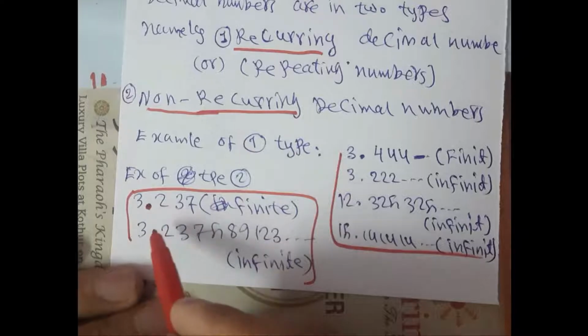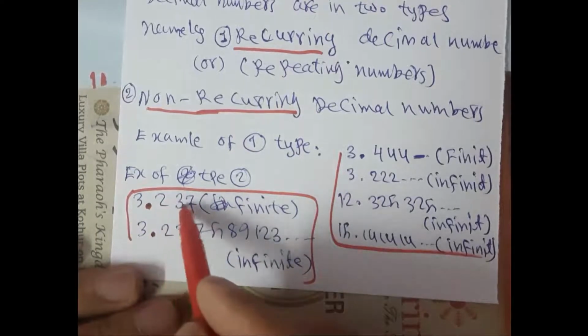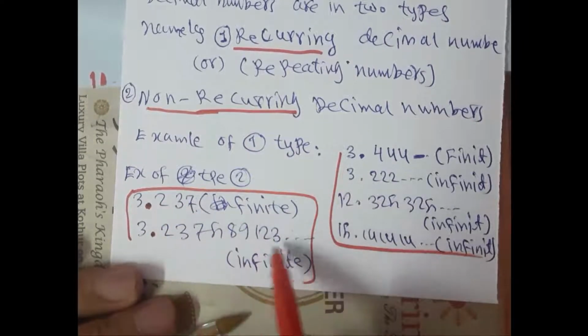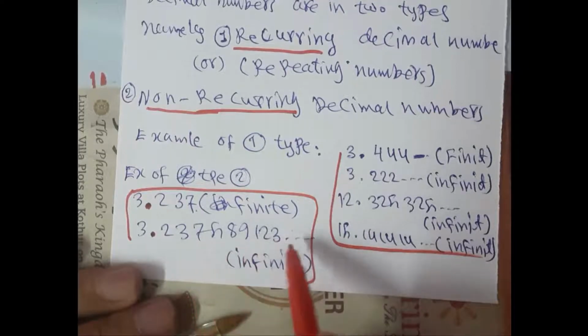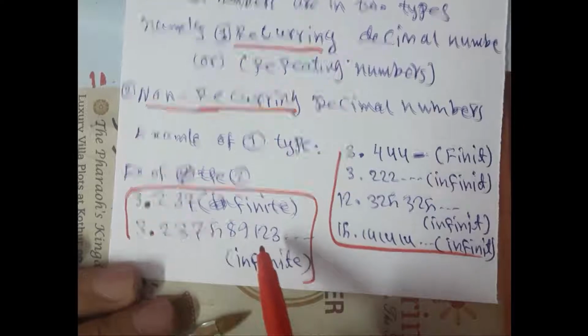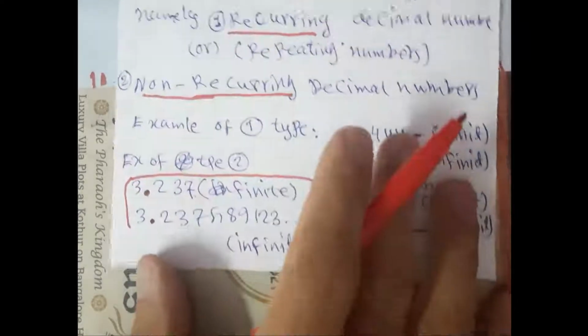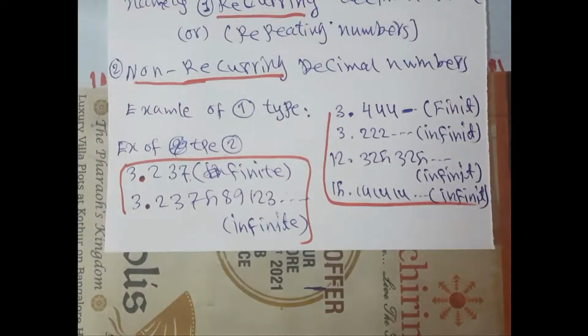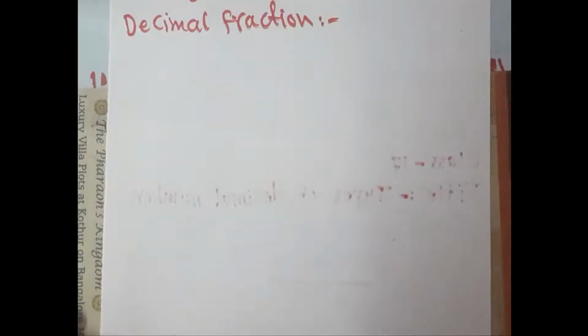After the decimal point, we don't have repeating numbers here. Here also, different numbers came, so it is not repeating. We do not have any repeating numbers. These are types of decimal numbers.